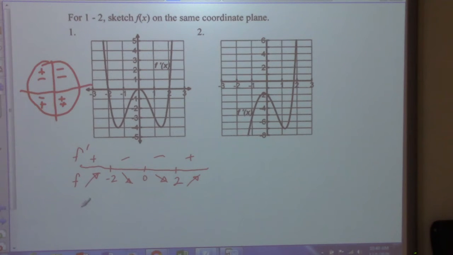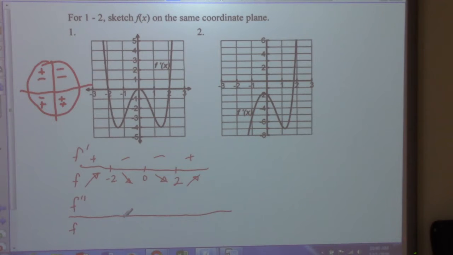Okay, next thing we do is we take f double prime, and then we put our PPOIs, that's going to be f down here. What are the PPOIs going to be for this? It's between, right here, right?